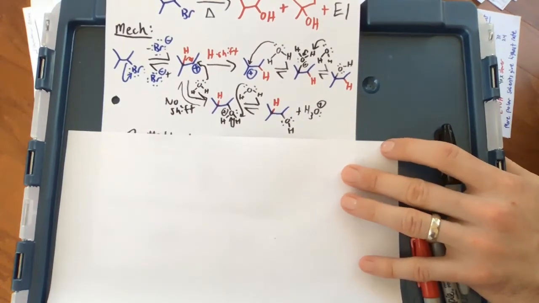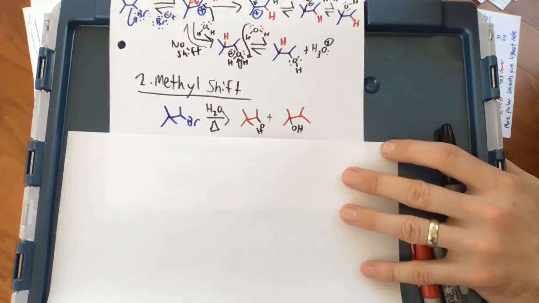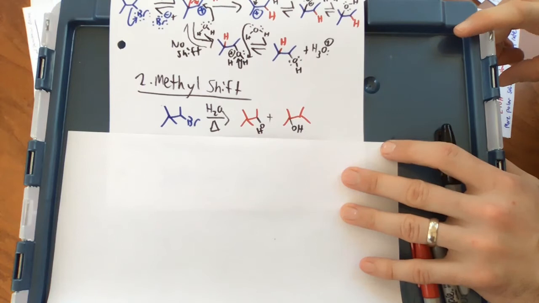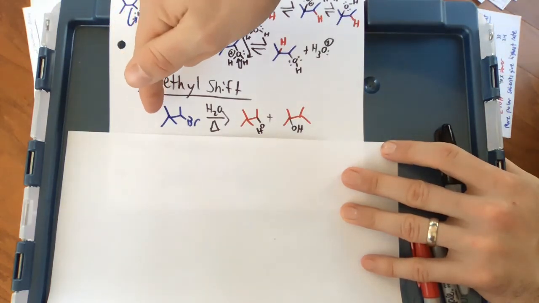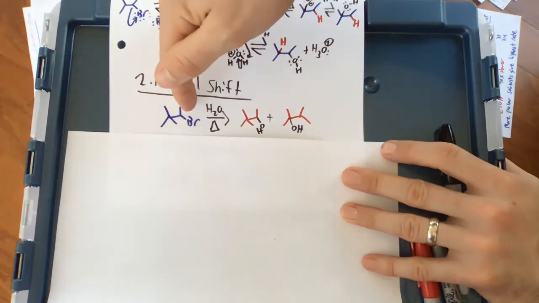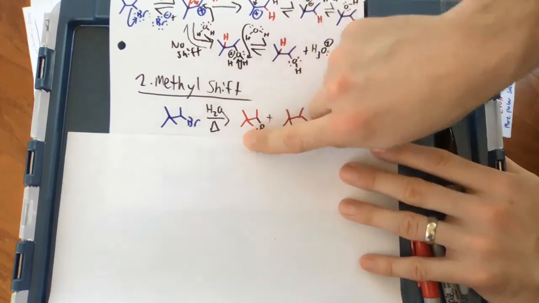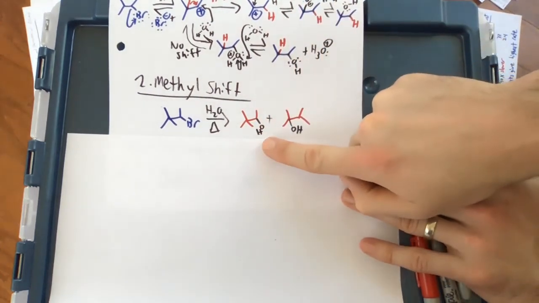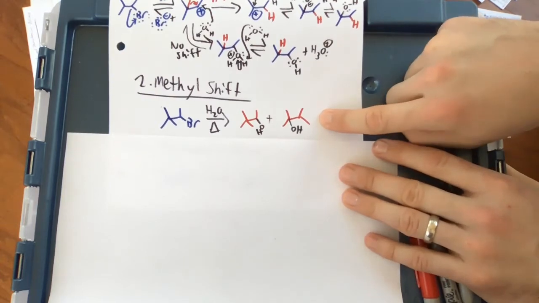As I said, instead of a hydride shift, you can actually have a methyl shift, which has more or less the same mechanism, and which, as you can see here, whenever you heat up this alkyl halide with water in the presence of enough energy, you can have, again, the molecule you expect or a molecule that you maybe didn't expect.